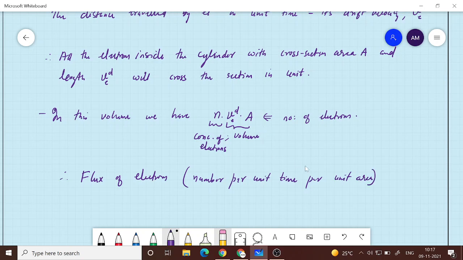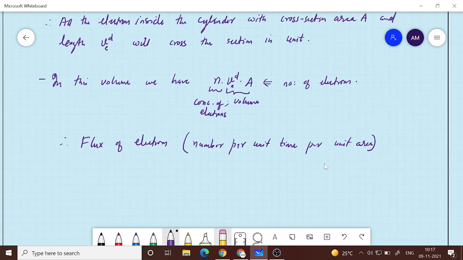Flux of electrons is the number of electrons crossing that cross section per unit time per unit area. So that is going to be equal to n V_d A divided by A.